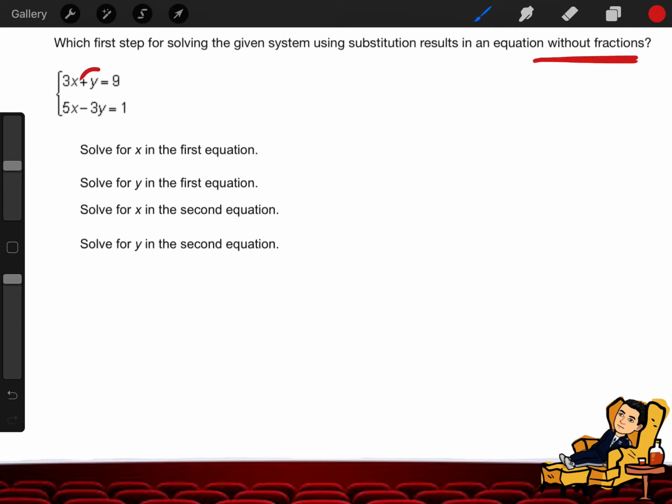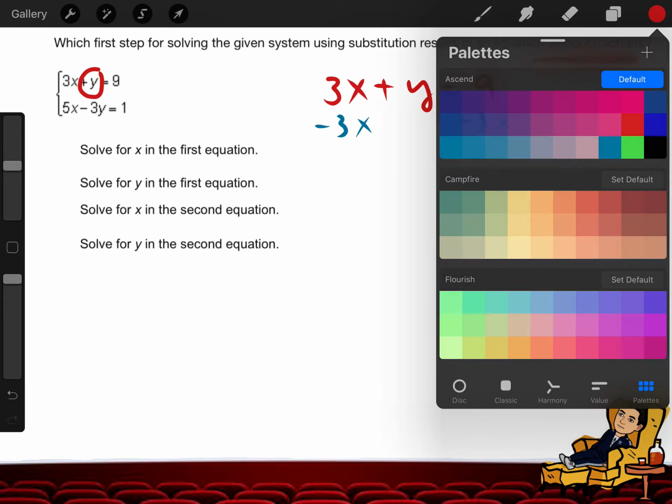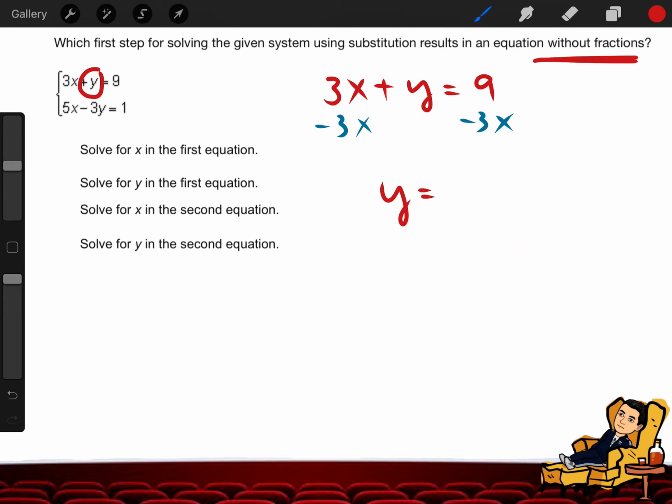So look at the one that doesn't have a coefficient. Let me put this 3x plus y equals 9. If you subtract 3x on both sides, you can isolate the y, and none of the terms has any fractions. So it's going to be negative 3x plus 9. See? No fraction. So you want to solve for y in the first equation.